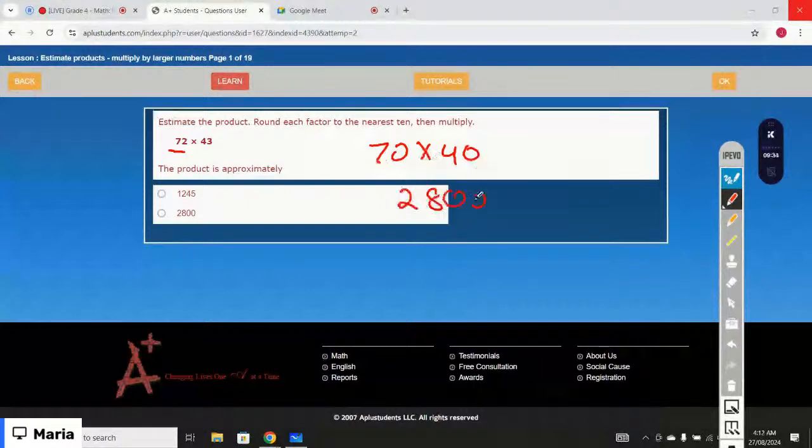So the correct option is 2800. Option number 2 is the correct option.